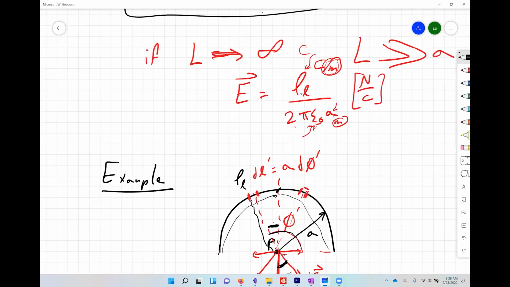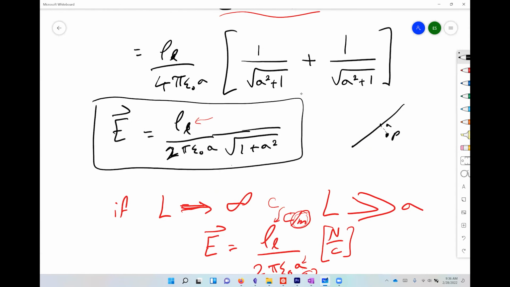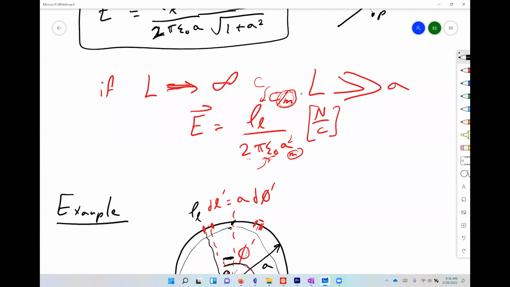Is this similar to what we got here? Interestingly, it's similar.